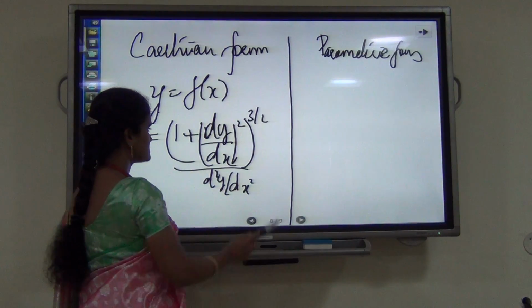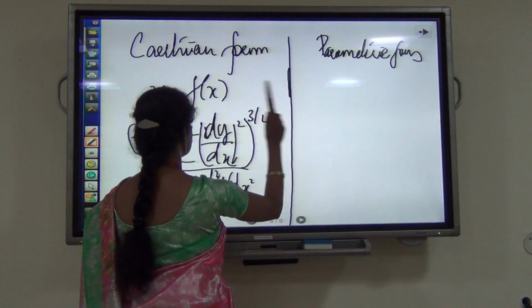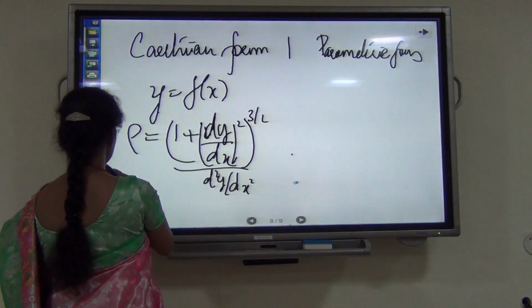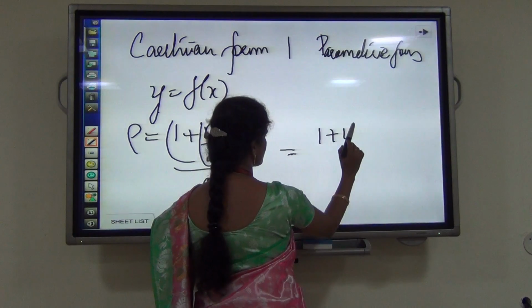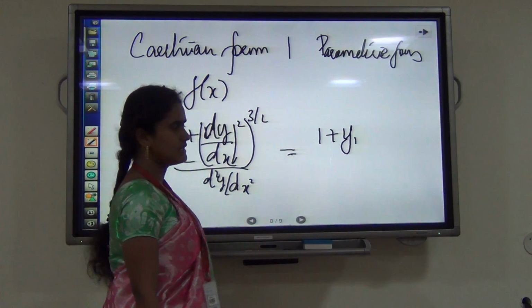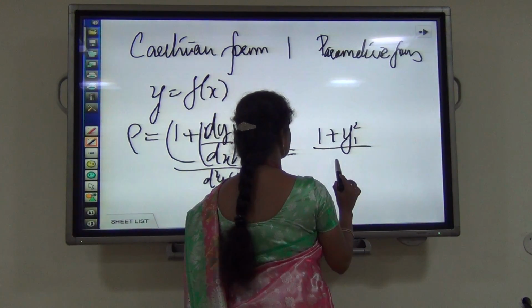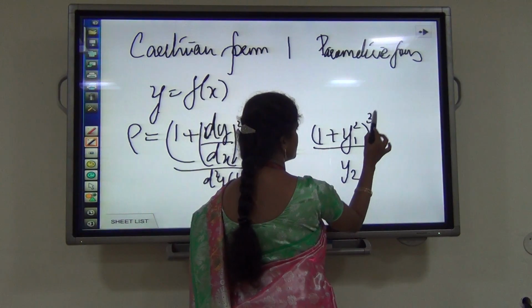Here, dy by dx could be written in this form. You can also mention it as 1 plus y1 squared, where y1 stands for dy by dx, by y2, and this is to the power 3 by 2.